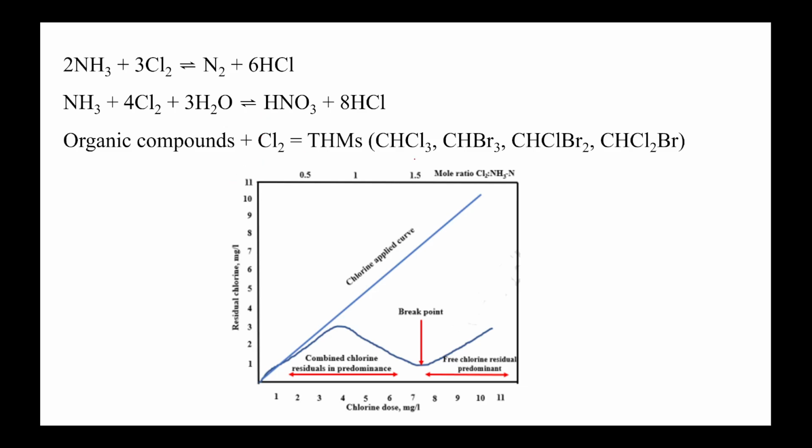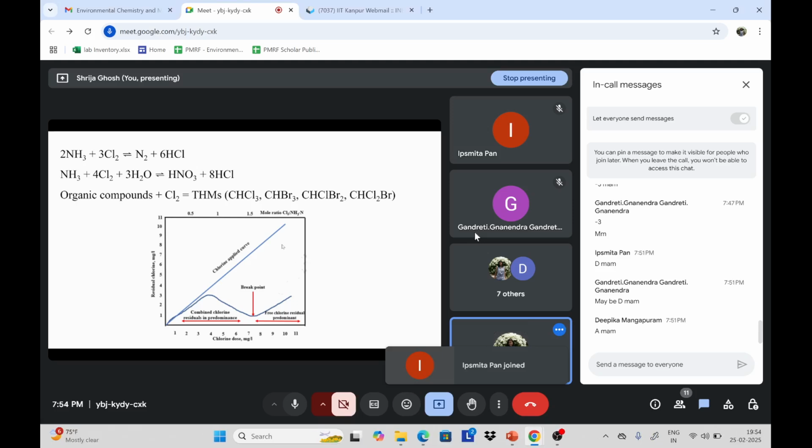I told you about trihalomethanes in the first question. So I hope you understood what breakpoint is and what is happening with all these organic compounds and ammonia when coming in contact with chlorine during chlorination.